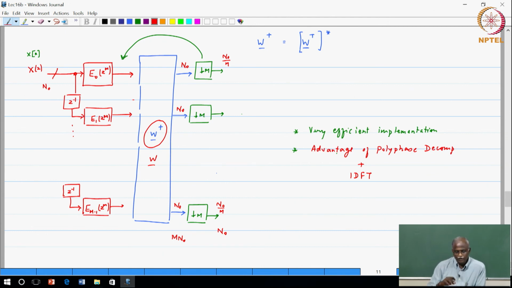It is not a very difficult task, but something for you to think about, because this is going to give us a lot of insight into the structures that we are going to be developing, and what you will find is that these outputs just get cyclically shifted. That is all. There is nothing very profound happening, but this is going to give us a lot of insights into the use of multirate or the DFT as a spectral analysis tool.